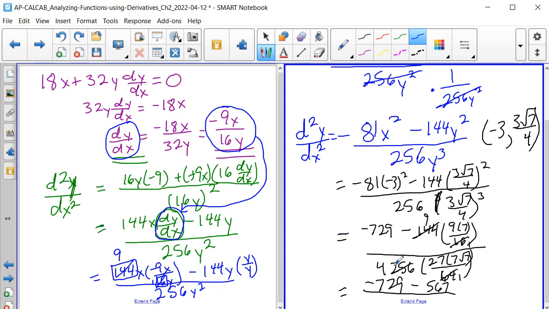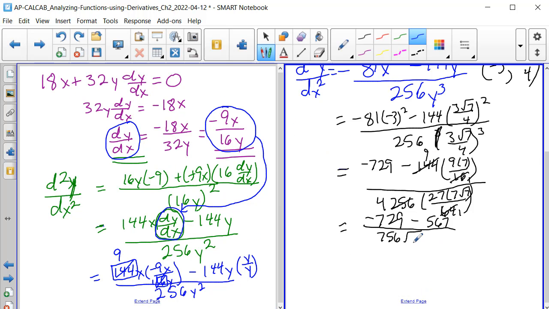And then in the denominator, we have 4 times 27 times 7 square root of 7, which will give us 756 times the square root of 7. And we can reduce this further by subtracting these two terms in the numerator to give us negative 1,296 divided by 756 times the square root of 7.